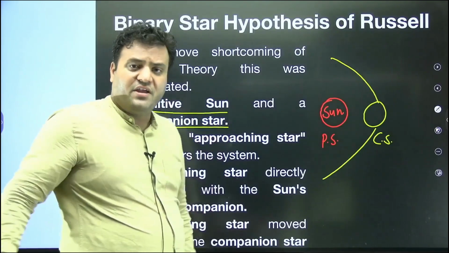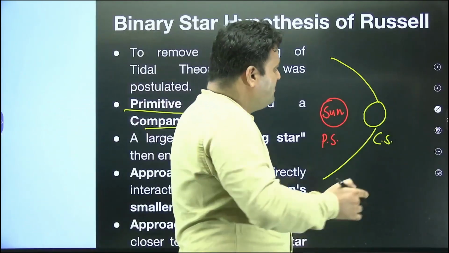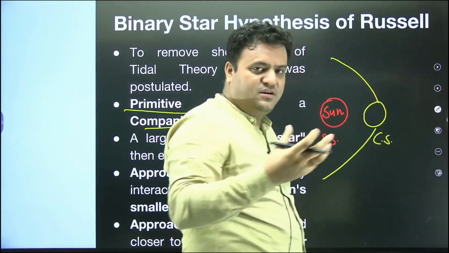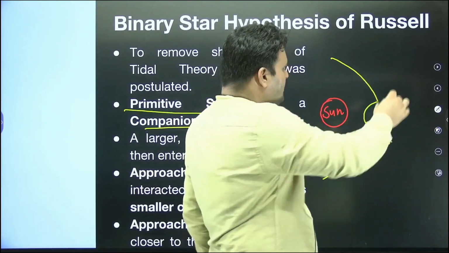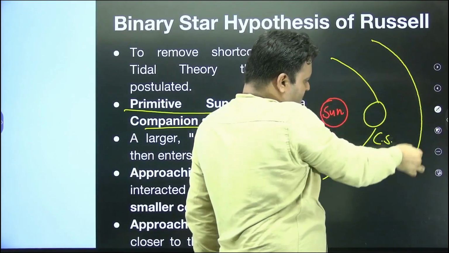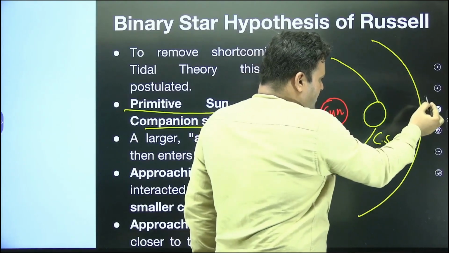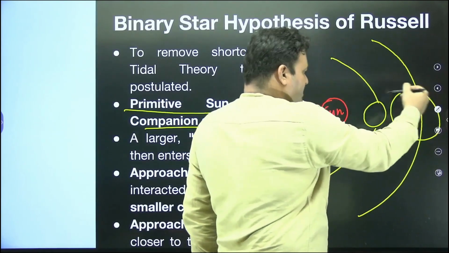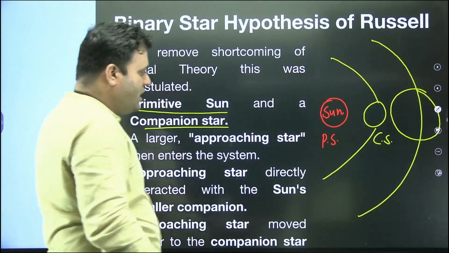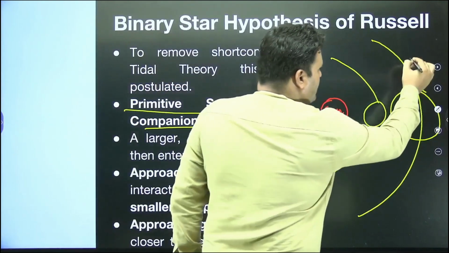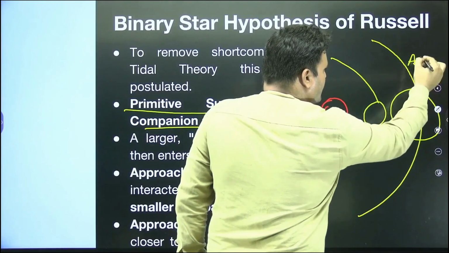Then we have a larger sun, and this sun had a different rotational direction from that of the companion star. This star was bigger than the companion star, and this is known as what? Approaching star.